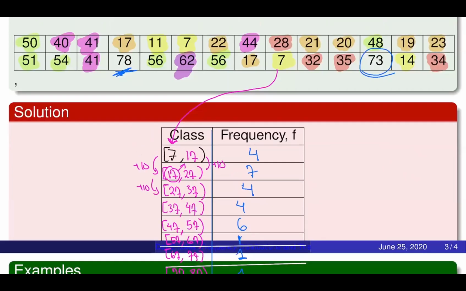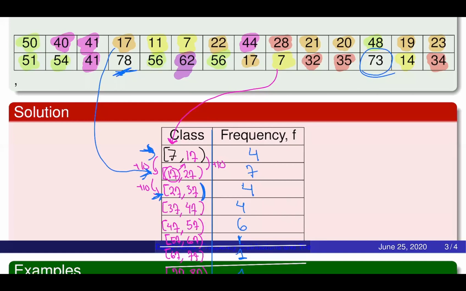Yeah, so you do 27 to 37, but since it has a parenthesis, it means we don't include that number. So if you look at this one up here, it does say 7 to 17, but since the 17 has a parenthesis, we don't include it. Because if you notice, this 17, we put it for the second class, not the first one. Did that kind of answer your question?